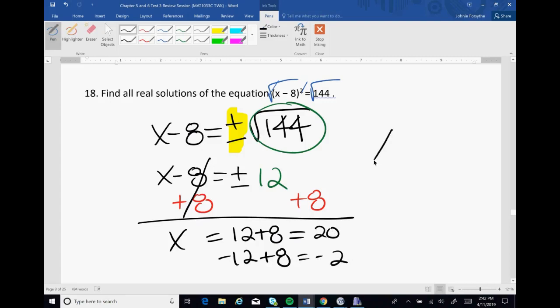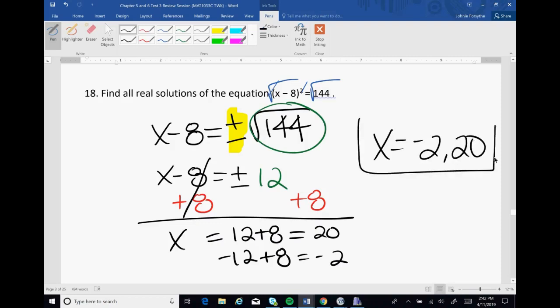So my two solutions are x equals negative 2 and 20. Something else to keep in mind, this is a quadratic. It has a leading power of 2. That's your degree. That also tells you how many solutions you'll have. So that explains why you have two solutions here as well.